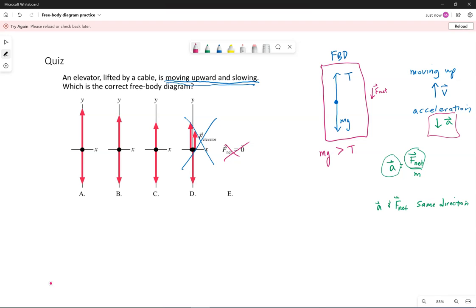So we want to look for the one where the downward arrow representing mg is bigger than the upward arrow representing tension. That is option C. Option A, the upward arrow is a bit bigger than the downward. B, up and down look equivalent. So C, the downward is a little bit bigger than the upward. So C must be the correct answer.